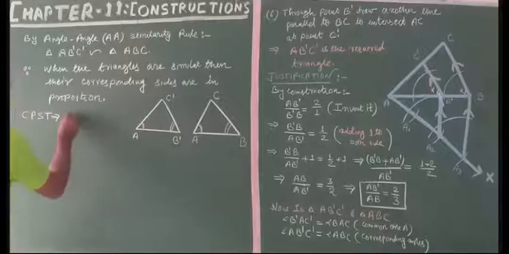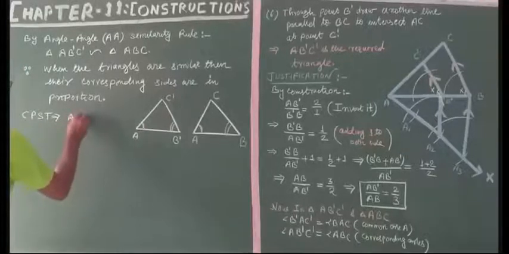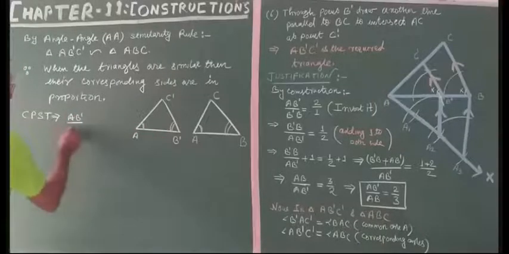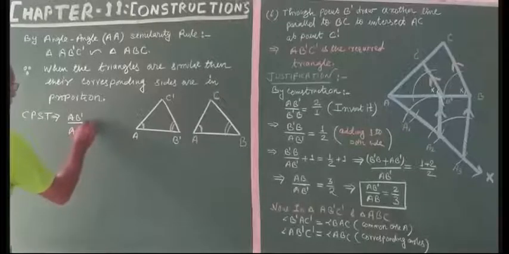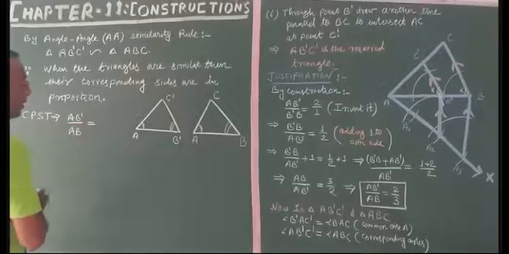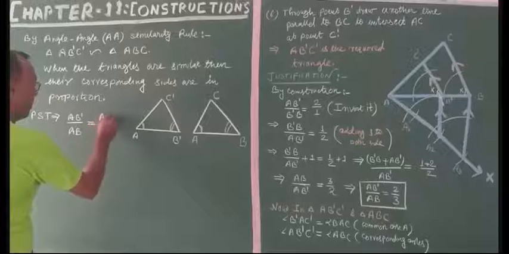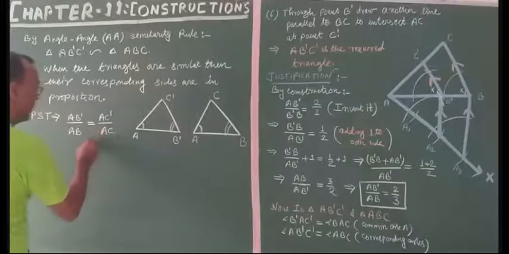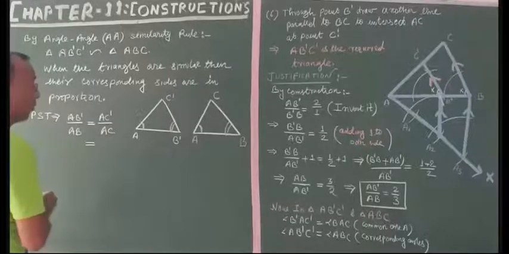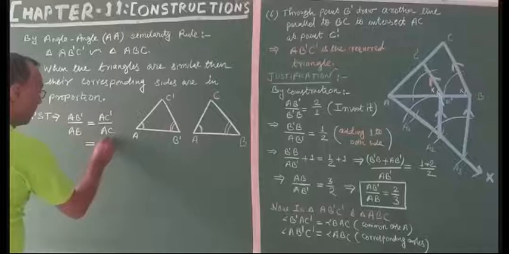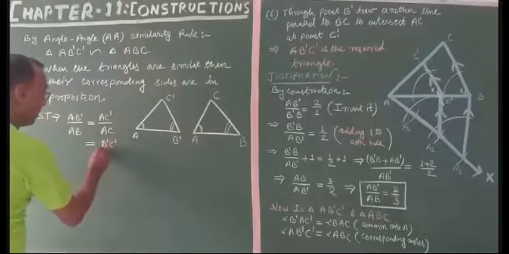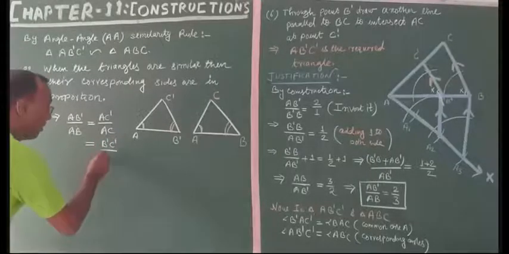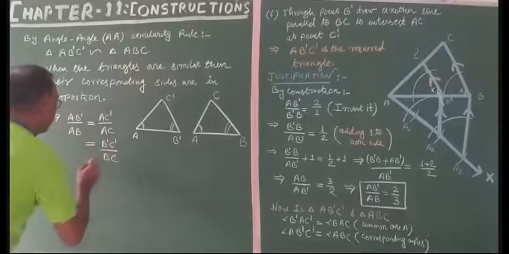A B dash upon AB will be equal to what? A C dash upon AC, and this will be equal to B dash C dash upon BC.